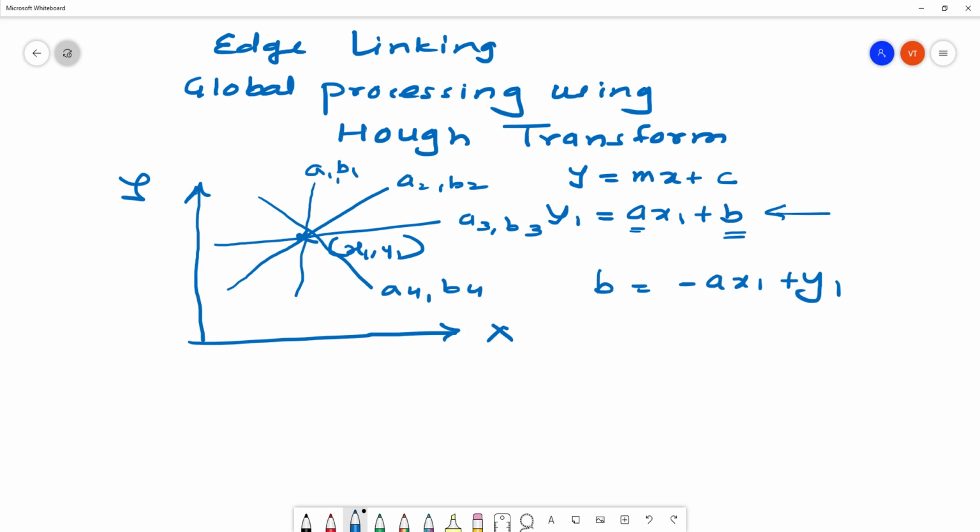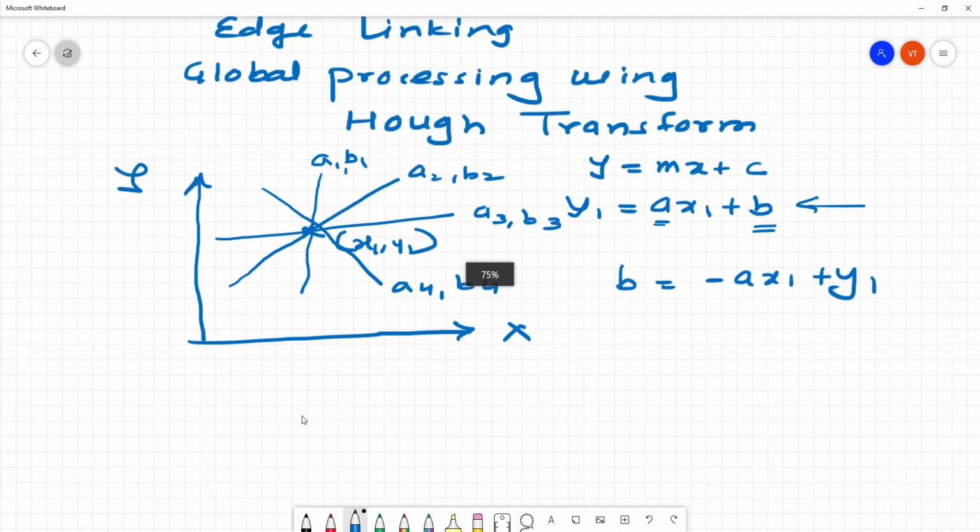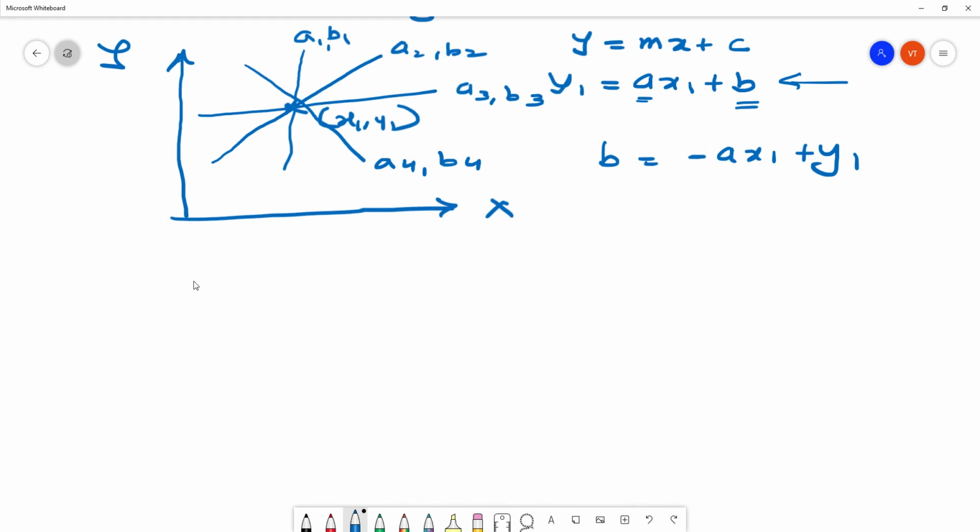Can we consider the AB plane instead of the XY plane? Yes. Instead of x and y, now we will consider the AB plane. In the XY plane, x and y were the variables; in this plane, a and b are the variables.